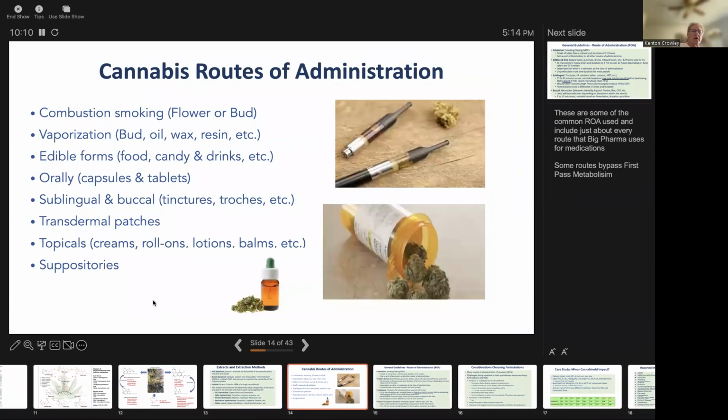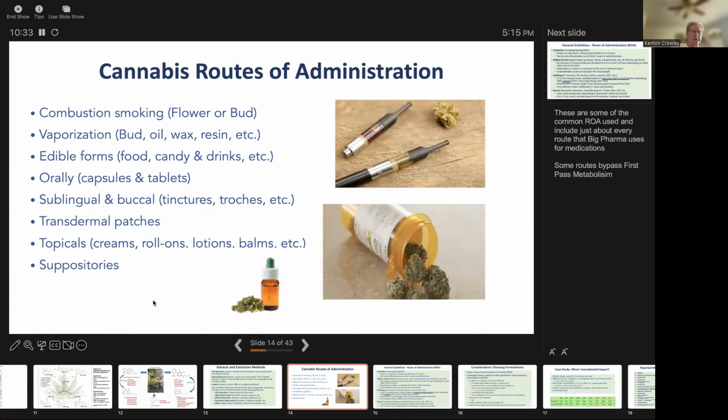So these are some of the common types of routes of administration that are used. And you can pretty much find cannabis in every pharmaceutical dosage form that exists, except injectable. Inhalation uses both combustion and vaporization.